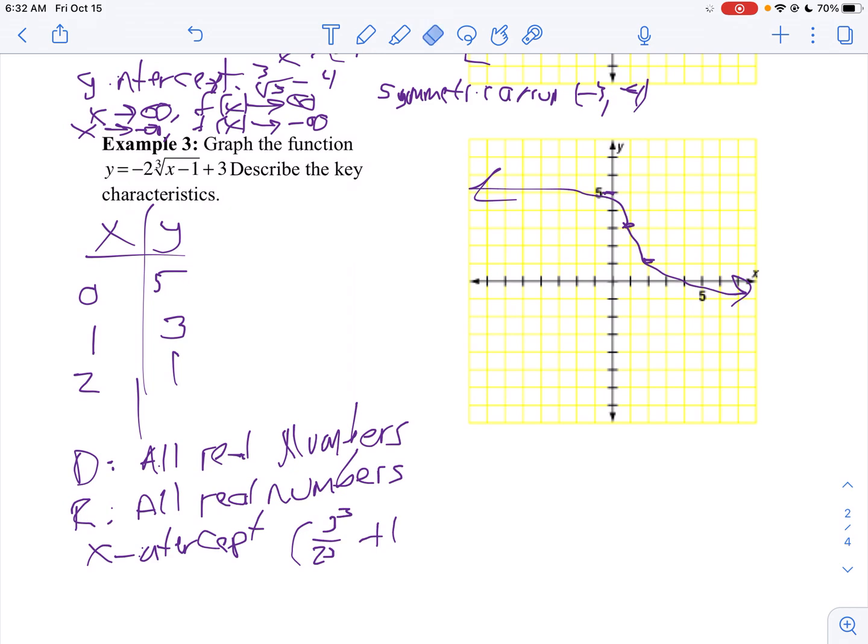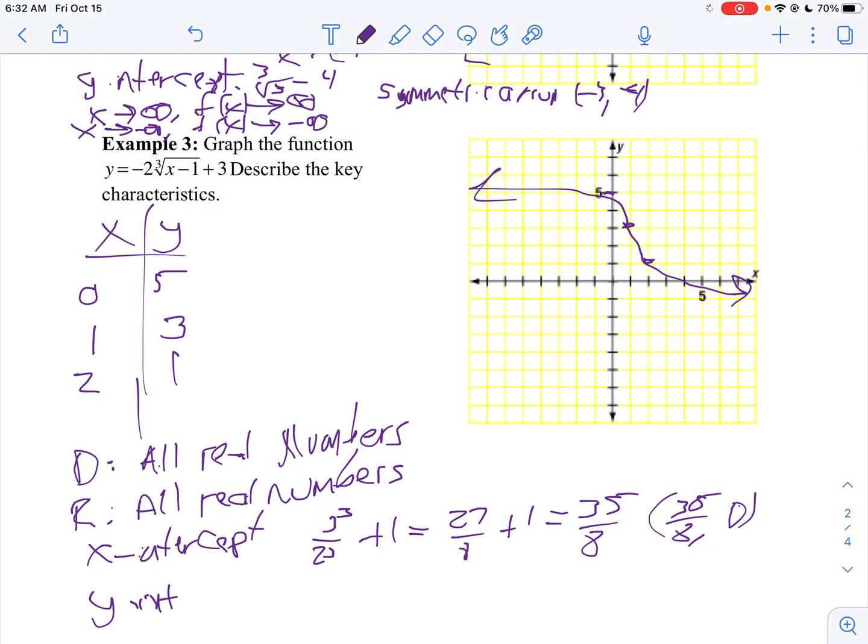I don't know why I put a parenthesis there, but let's get rid of that. So I have 27 over 8 plus 1. Well, 27 plus 8 would be 35 over 8. So my x-intercept is at 35 over 8 and 0. My y-intercept is 5. I already did that in my table.